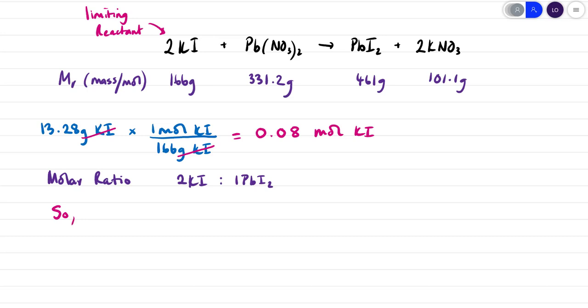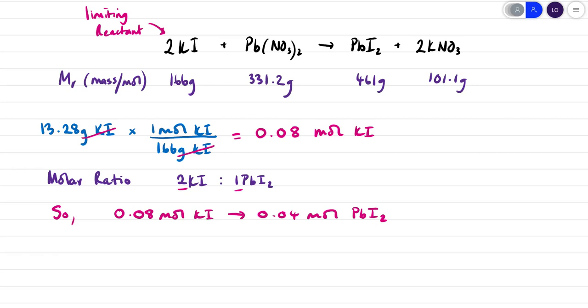So if we have 0.08 moles of potassium iodide, then that will give us half the amount of moles. So we're going to have 0.04 moles of lead iodide coming out of the reaction as the product. Okay, because the ratio is 2 to 1. So the ratio here has to be 2 to 1. We're just scaling it down to the exact amount of moles that we've got.